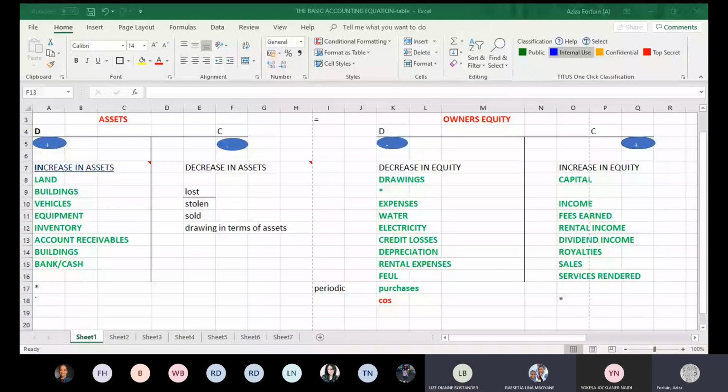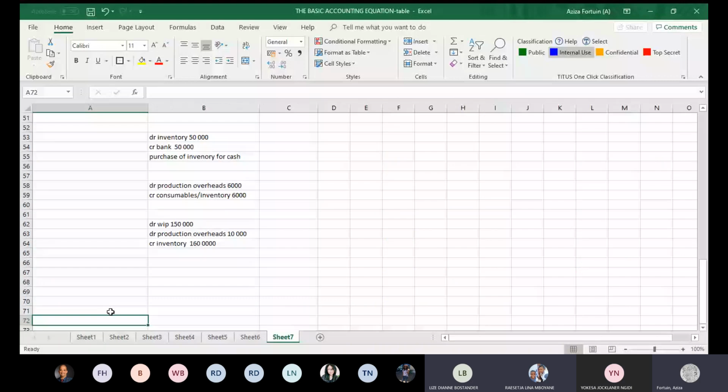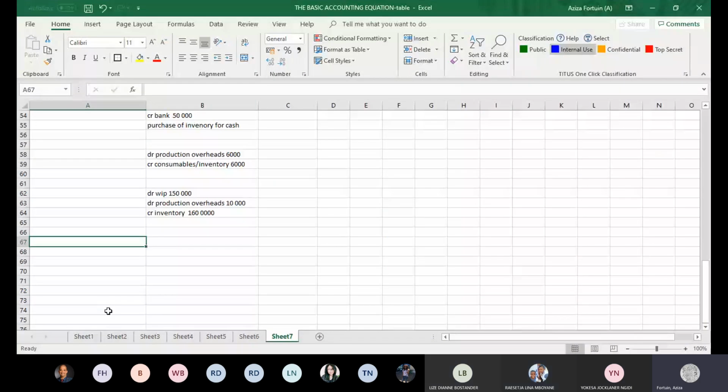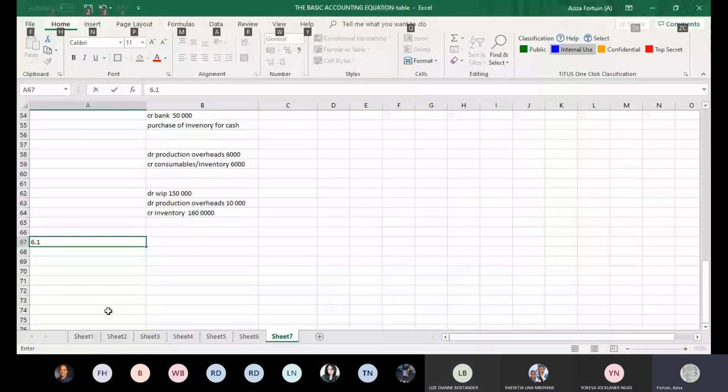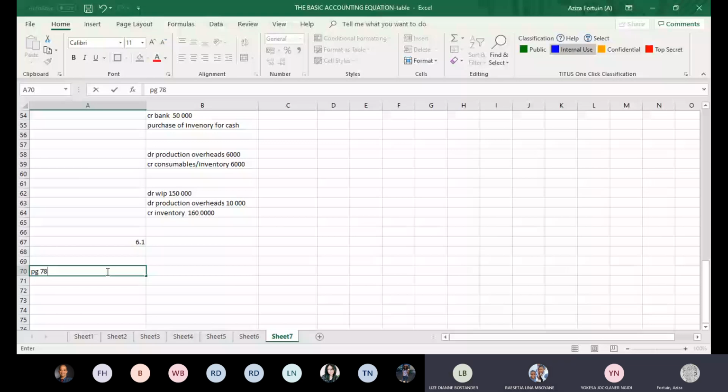Let's break this down. In 6.1, they're asking us to prepare the journal entries for these transactions. Page 86, question 6.1.